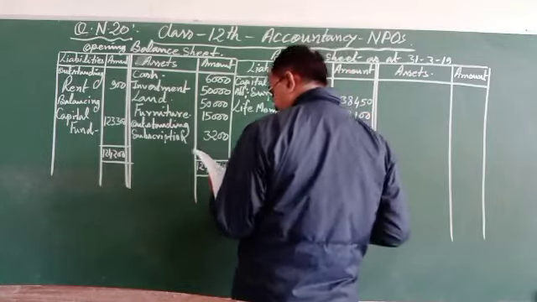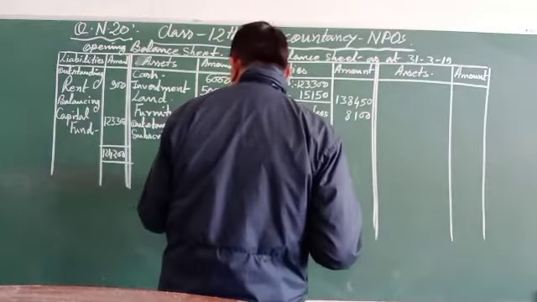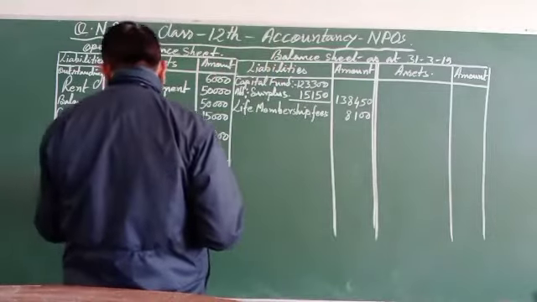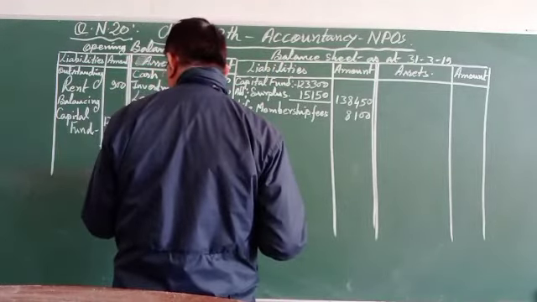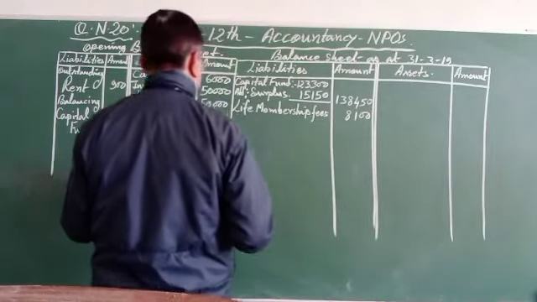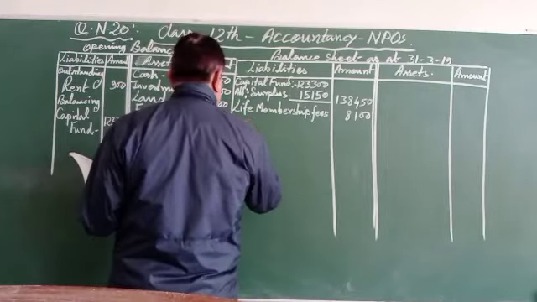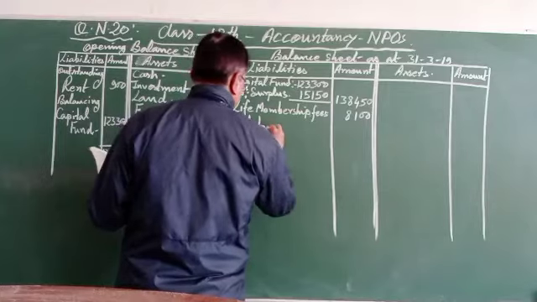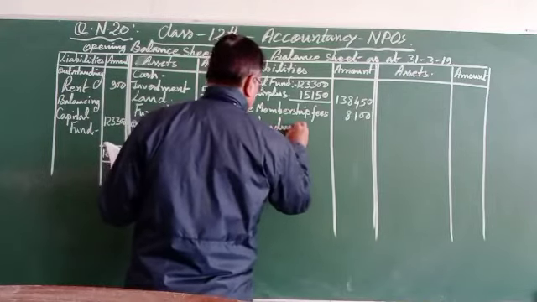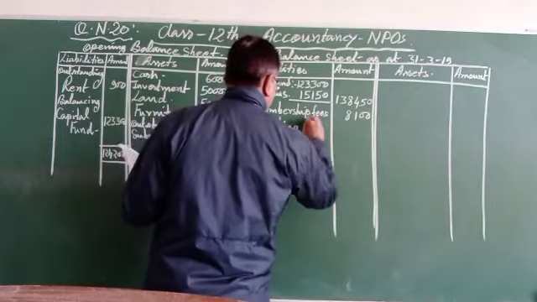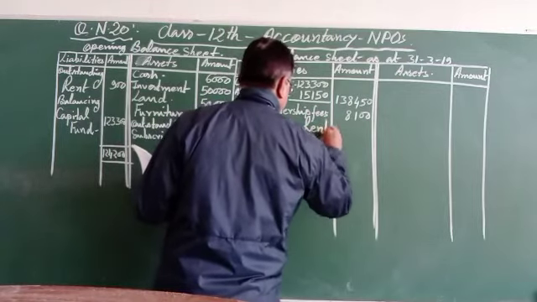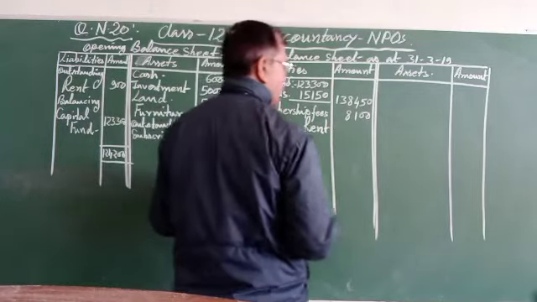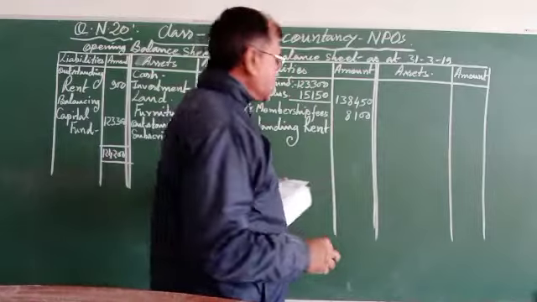Then outstanding rent, that is an expense, will be a liability for the organization.